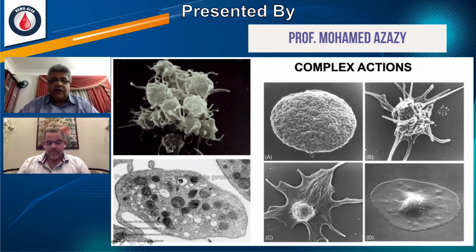Again, this is the function of the platelet. This is a provoked multiple platelet functioning together, and this is the electron microscopy of an activated platelet that has sent its structures all over the tissue and has interacted with the endothelium, the red cell, the white cell. So this is a complex organ with complex action, and it functions differently.